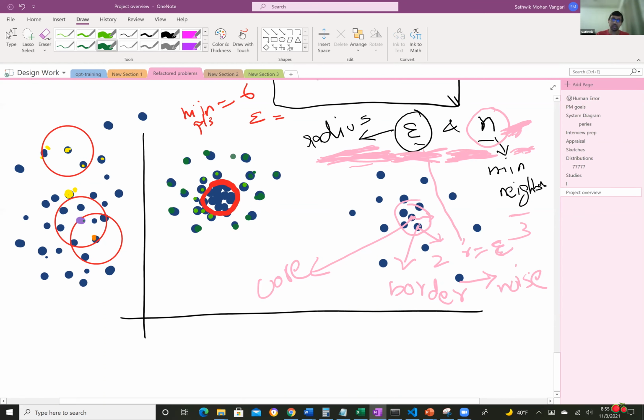The border is basically the edge of the city. And the noise that you see all around is basically the outskirts, the suburbs, or the remote areas where there are fewer houses or man-made structures, all scattered around. Make sense? Can you guys visualize that?